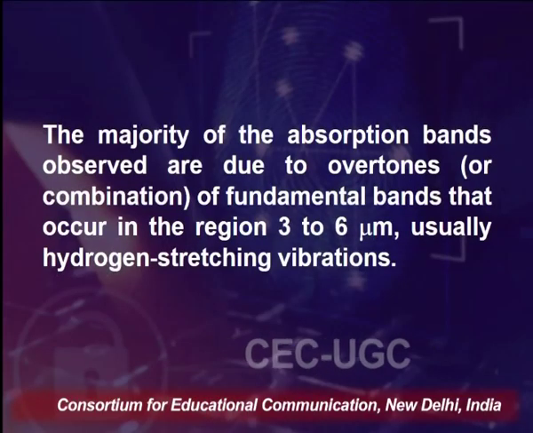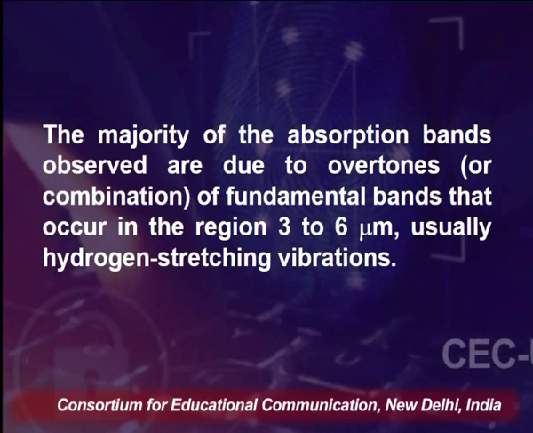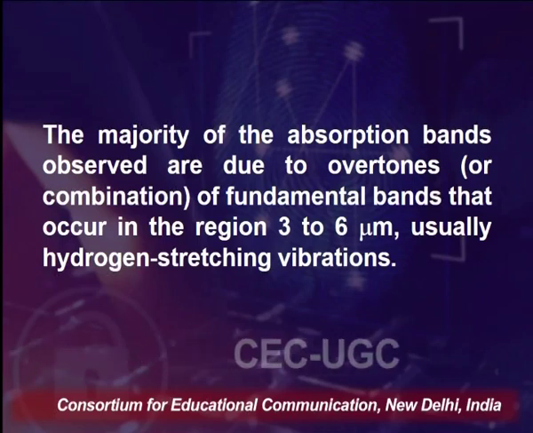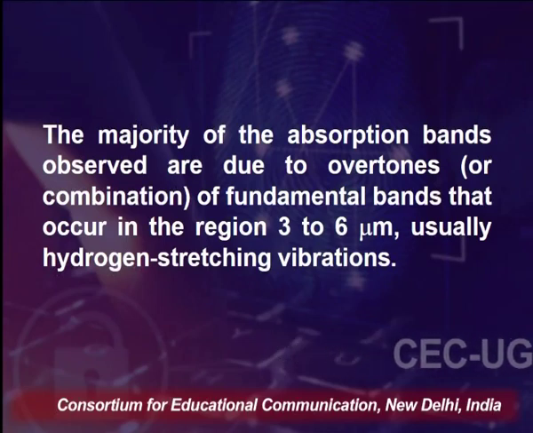The majority of the absorption bands observed are due to overtones of fundamental bands that occur in the 3 to 6 micrometer region, which are hydrogen stretching vibrations. So, if we are measuring the near IR region, we analyze hydrogen stretching vibrations.